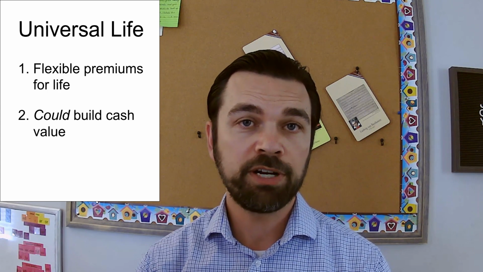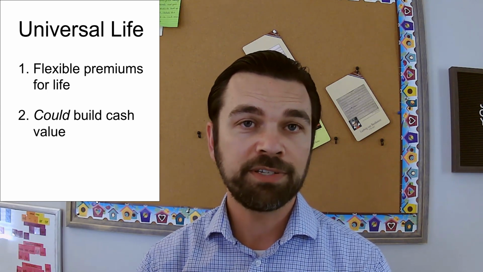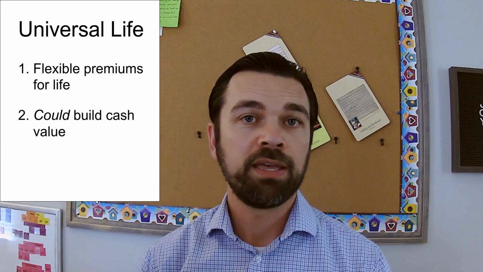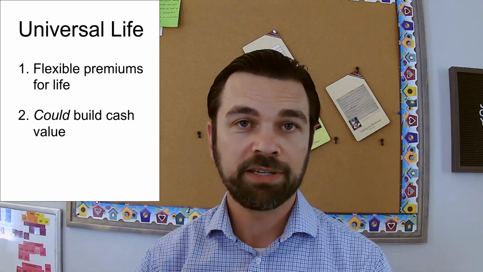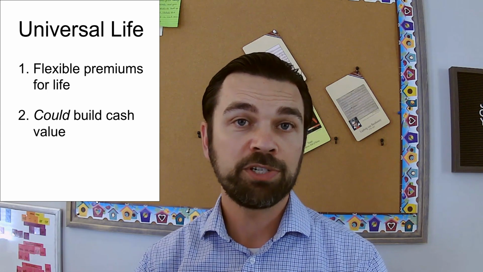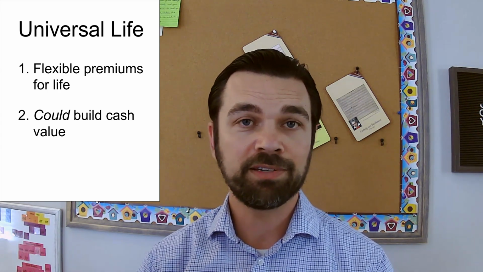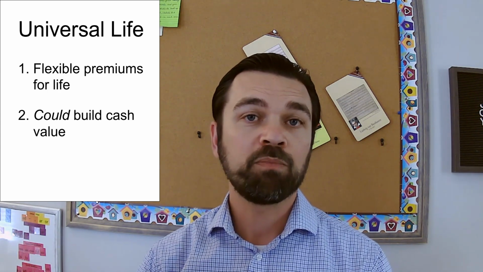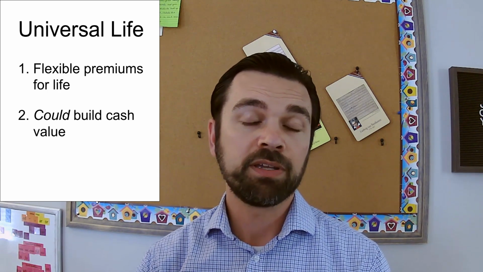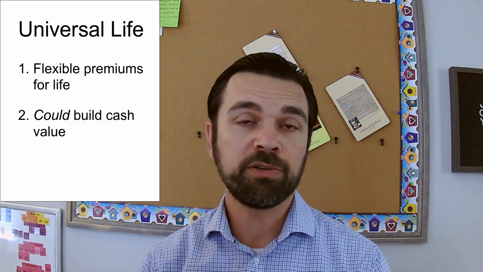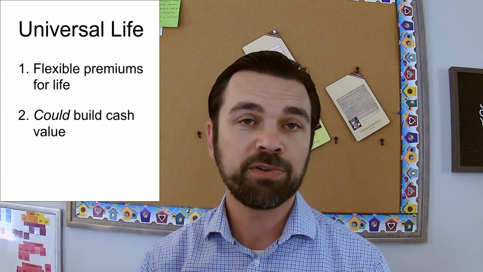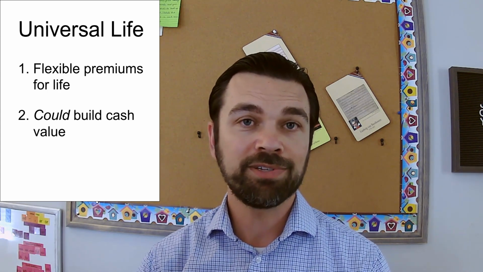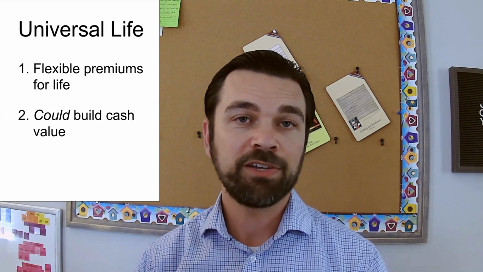Now, these are very flexible, and there's a lot of ins and outs of this policy, so I'm not going to cover those here. I just want to talk about the very basic points of it. You really want to get with your insurance agent to learn the ins and outs of universal life policies, because you can get into where you underpay the premium, and so the policy will then lapse one day because the values inside are not enough to sustain it against the values that are needed.